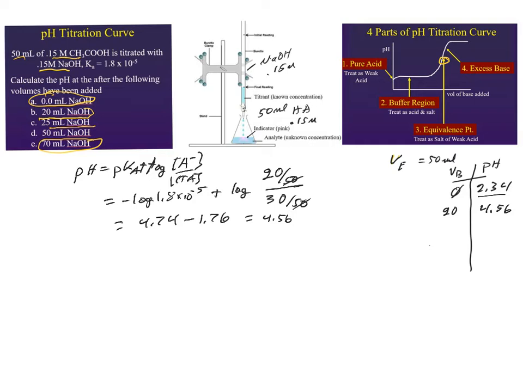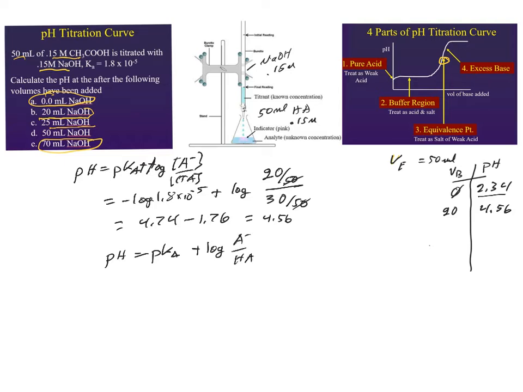And at 25 mL, we've neutralized half of it. And we know that when we've neutralized half of it, pH equals pKa plus the log of A minus over HA.